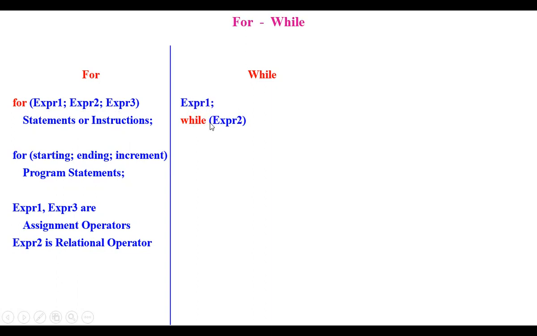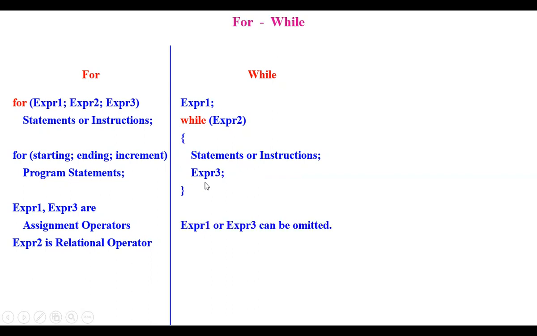So in the while, we give only this relational operator or the testing condition here, expression 2, and the loop. In the loop, the required statements come here, and the expression 3 also comes in the loop like this. Okay, so expression 1 and expression 3 can be omitted depending on our program, right?